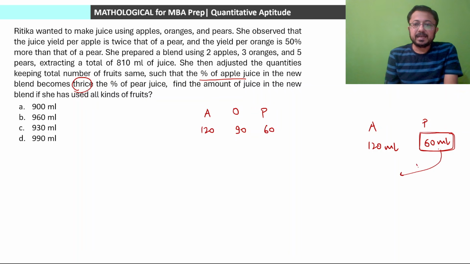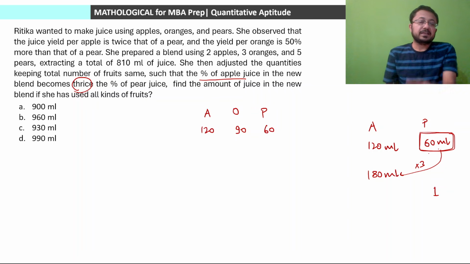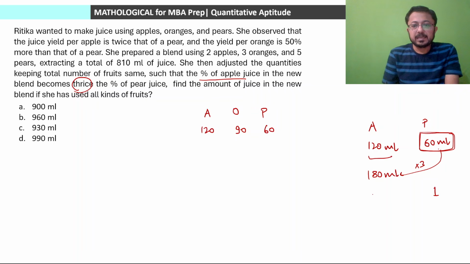Apple juice in that case will be 3 times, maybe that should be 180 ml. Okay, if we are taking only 1 pear, then juice extracted from apple should be 180 ml, and juice extracted from 1 apple is 120 ml, यानी कि that should be 1.5 apples.